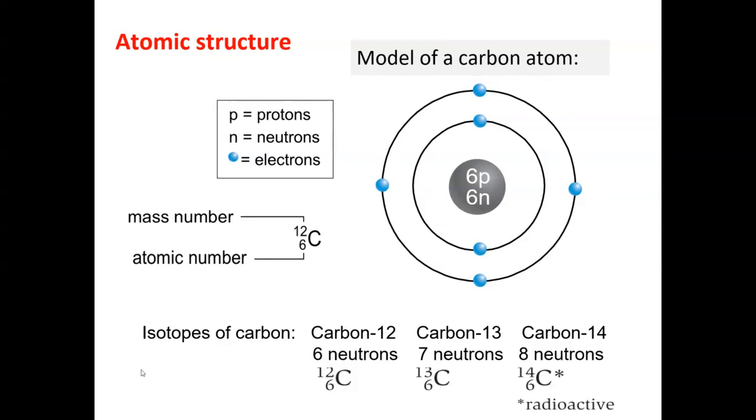So if I tell you the atomic number is, I'm just making this up, 27, and the mass number is 52, then what's the number of protons, the number of electrons, and the number of neutrons in an atom of that element?